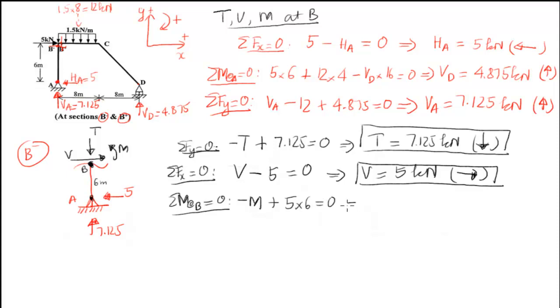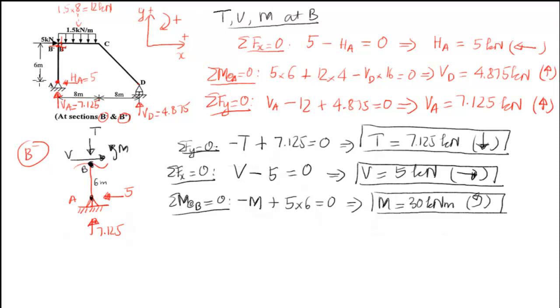Okay, then therefore moment gonna be equal to 30 kilonewton meter. Okay, this is a positive value, so moment is same as our assumption, which is going anti-clockwise. Okay, so we got another value for moment at B section here.